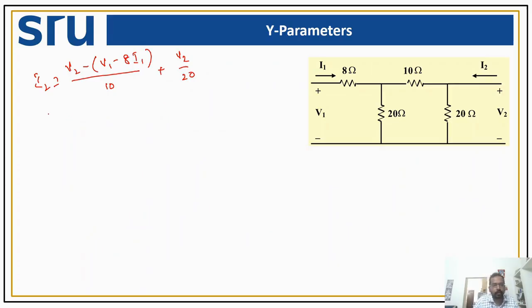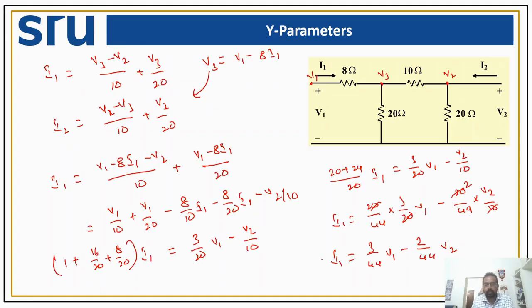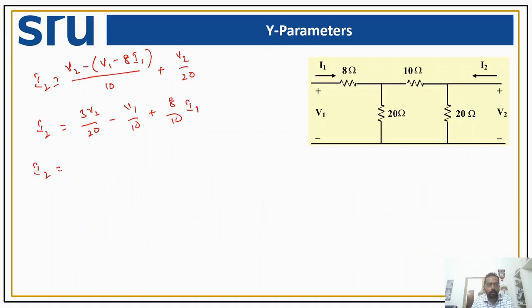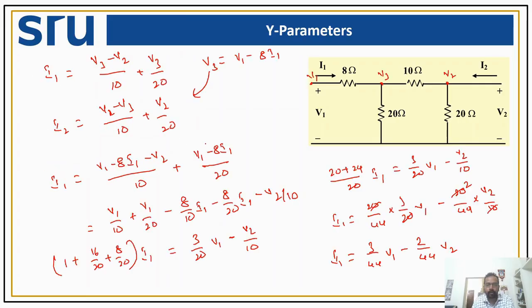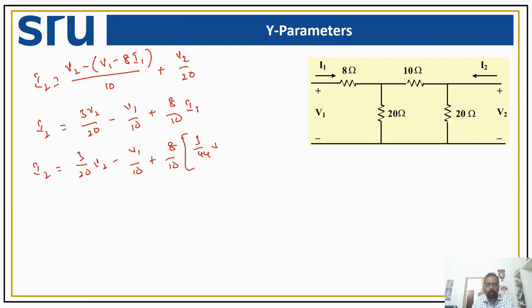If we rearrange, we get I2 equal to 3 V2 by 20 minus V1 by 10 plus 8 by 10 I1. We need to eliminate this I1 using this particular equation. Substituting here, we get I2 equal to 3 by 20 V2 minus V1 by 10 plus 8 by 10 into 3 by 44 V1 minus 2 by 44 V2.